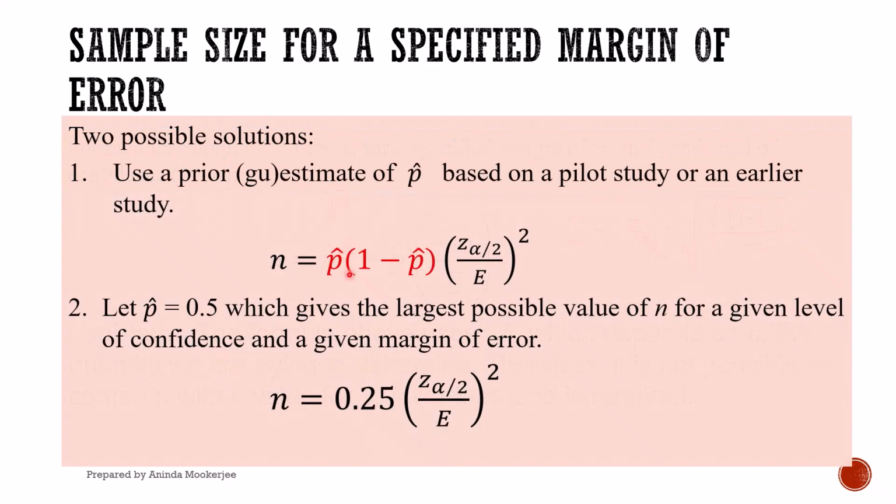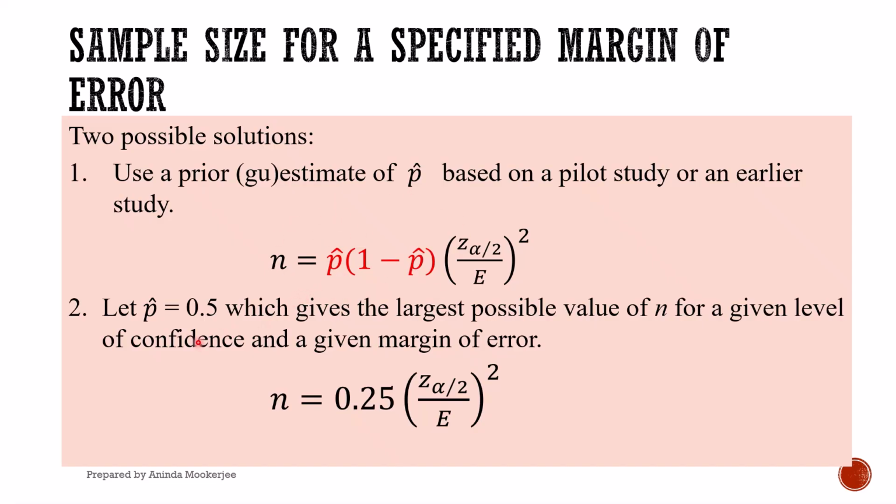Now there are two workarounds to calculate the sample size in studies of population proportion. The first is to use a guesstimated value of the sample proportion p hat, perhaps from a previous study. If we have an idea what the sample proportion is likely to be, then we can use that in the formula to solve for n.